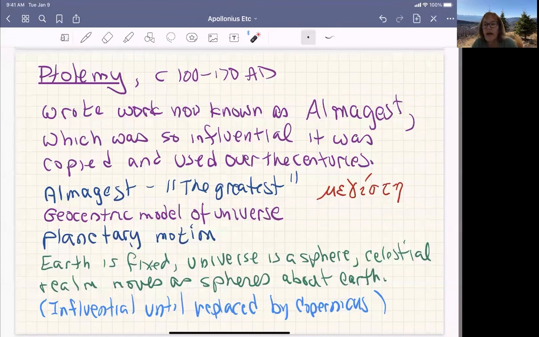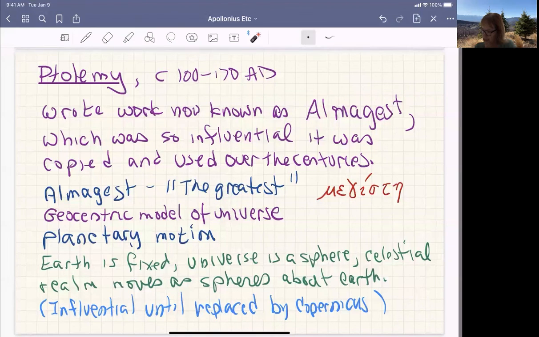So this is a work that is basically about astronomy and planetary motion and that sort of thing. So Ptolemy had a geocentric model of the universe. So in other words, what's at the center of the universe? Geo, meaning Earth. So Earth is at the center of the universe. So he studied planetary motion.